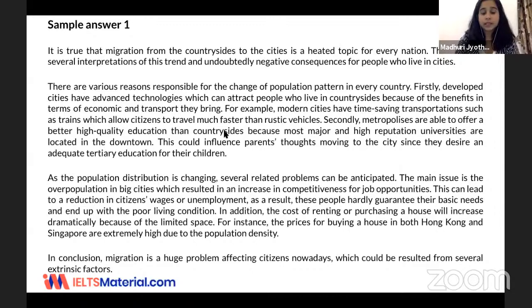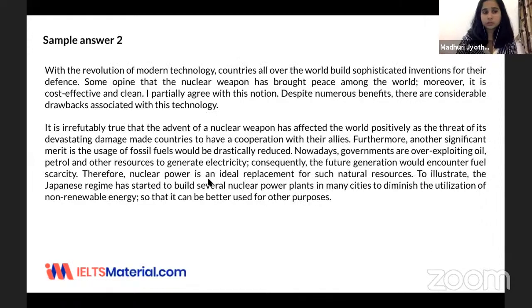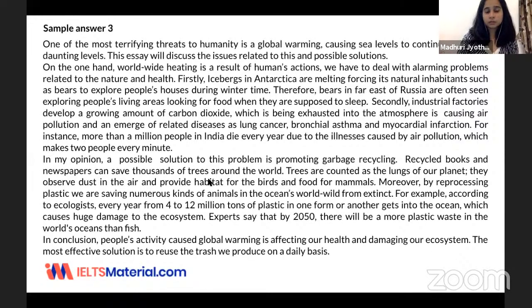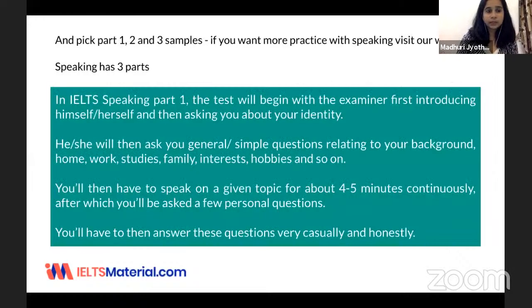Examples are something that IELTS prefers, and you have to mention them for whatever reasons you mention. Similarly, there are other sample answers available for you here. You can go through them at home at your ease.